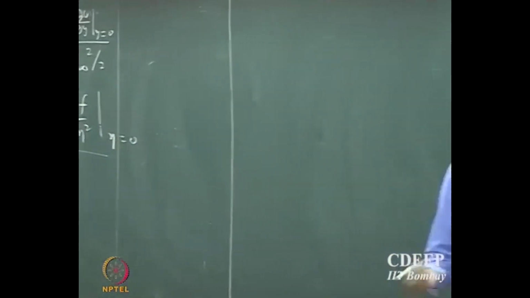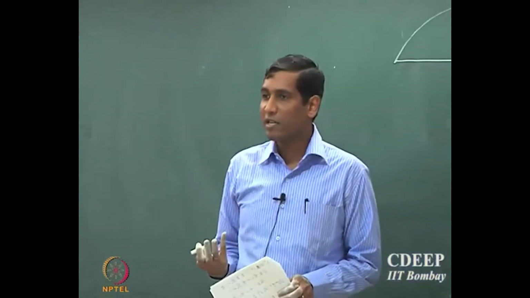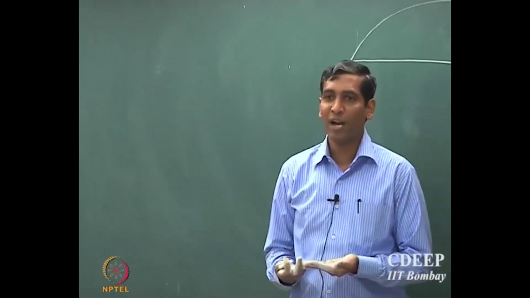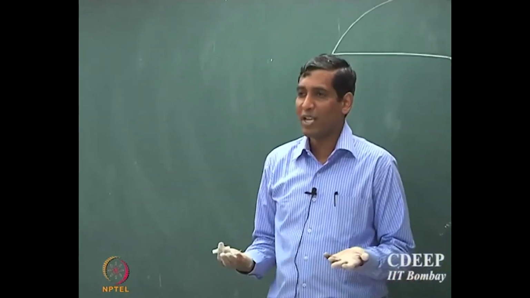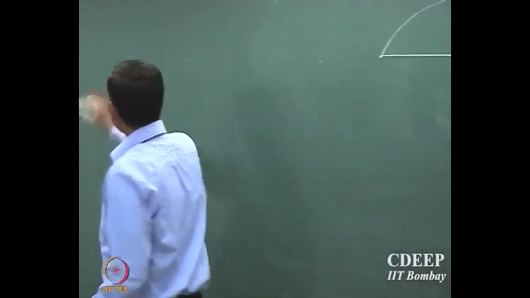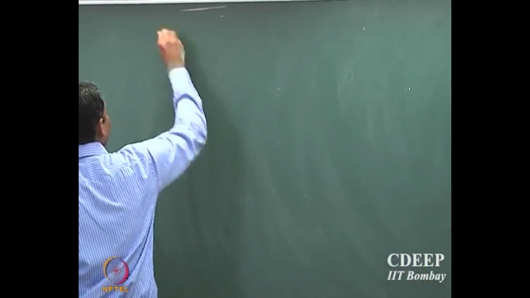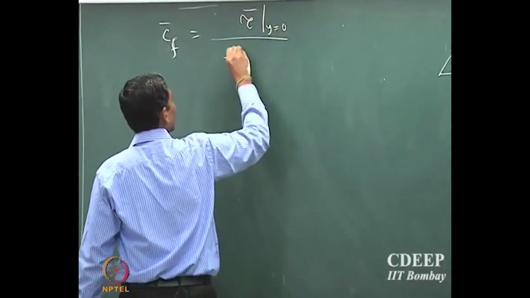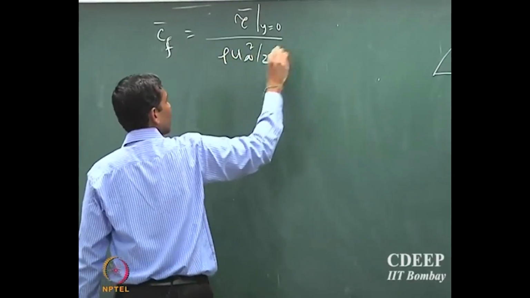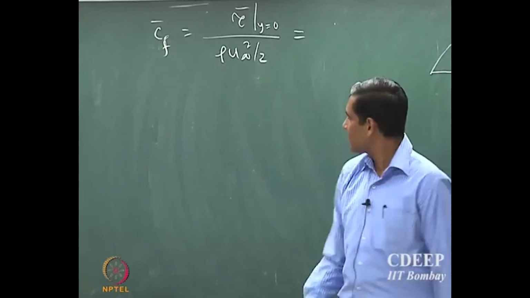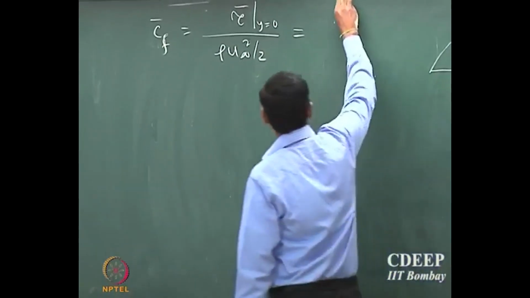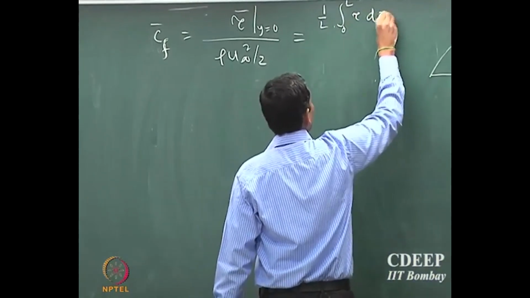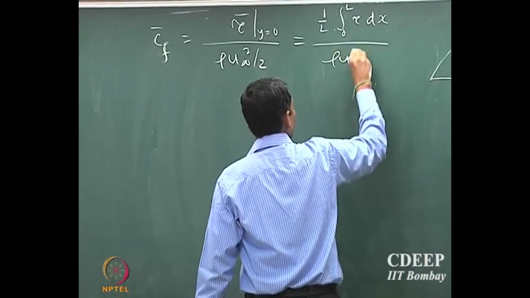So that's the local friction coefficient, but what I am more interested in is the average friction coefficient, because from an experimental point of view, what I really require is the average quantity, and the local quantity is not of much use. So I can find the average friction coefficient, which is given by the average shear stress at the boundary divided by rho u infinity square by 2. If you work out the integral, it's not very hard. That will be integral 0 to L of 1 by L tau dx divided by rho u infinity square by 2.